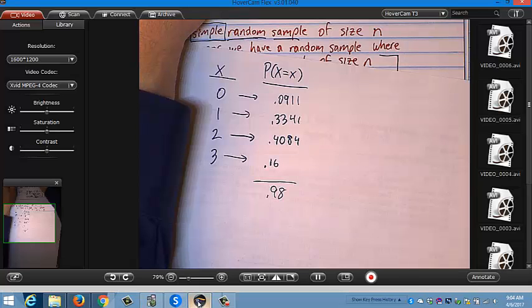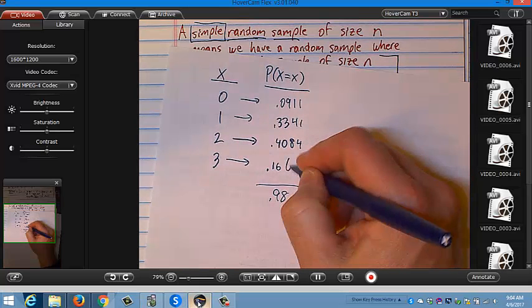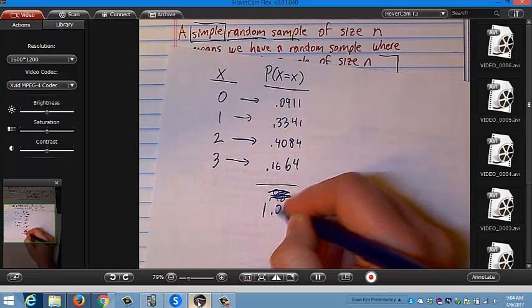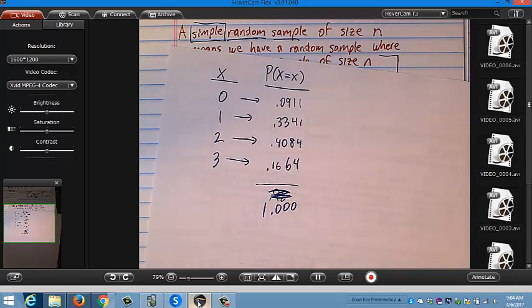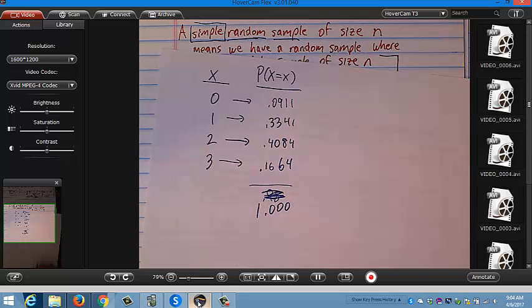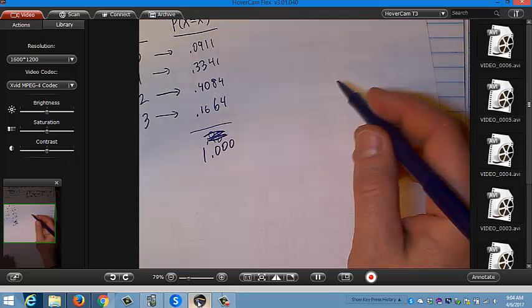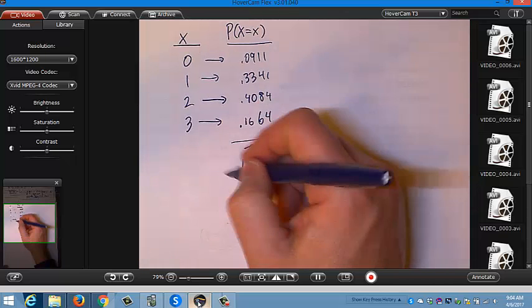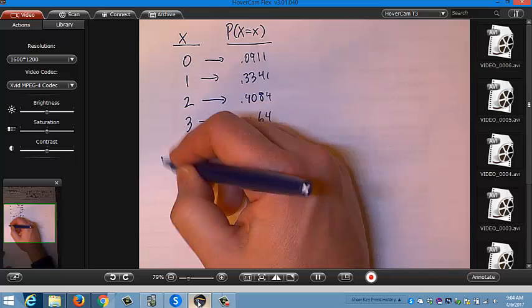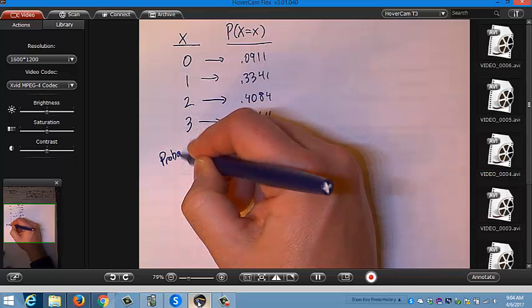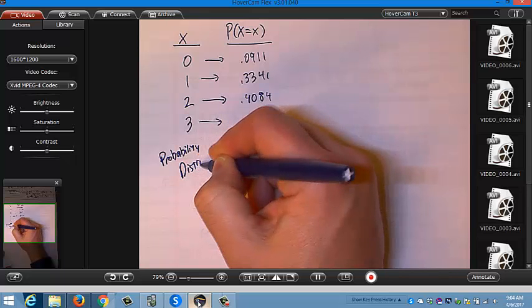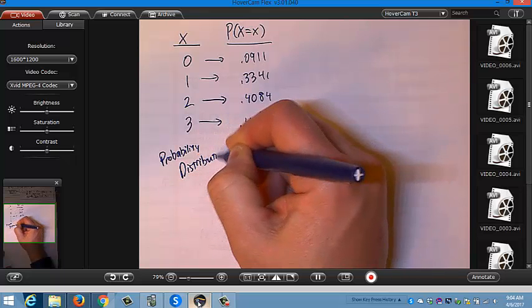Okay. Guys, if you add all these up now, you get 1. Okay? This is now the way it's written. This proves that we have a probability distribution. Right?